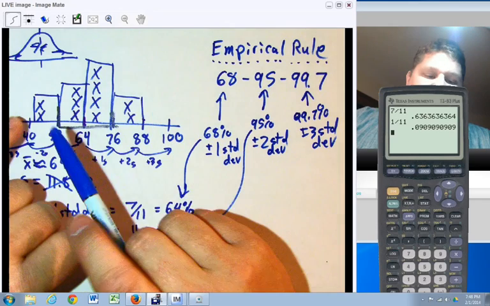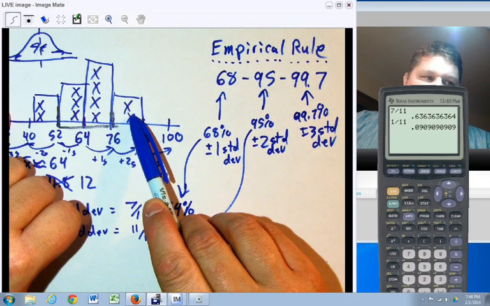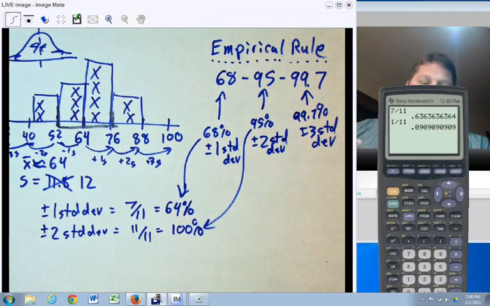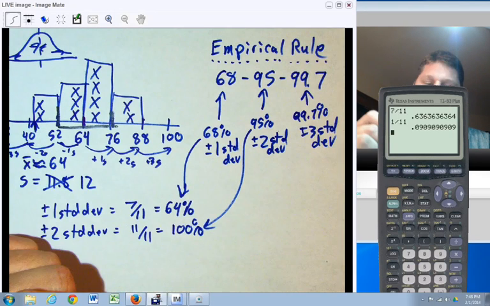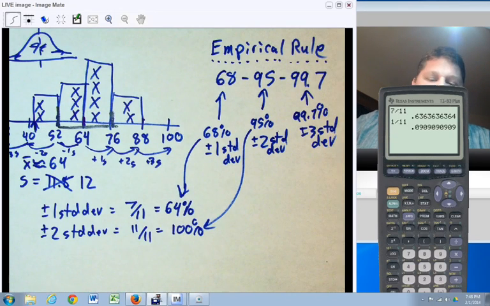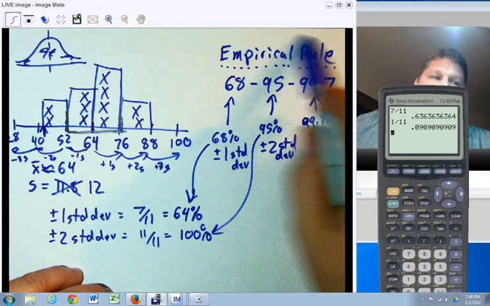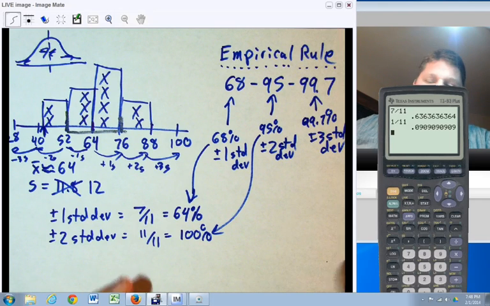So had any one of these values been outside, that would have moved 9% out of the middle and out to the outside. At 42, we were really close to being out of the data. So this empirical rule does show up over and over and over again. And that's one of the things that we need to be wary of when we're looking at this.